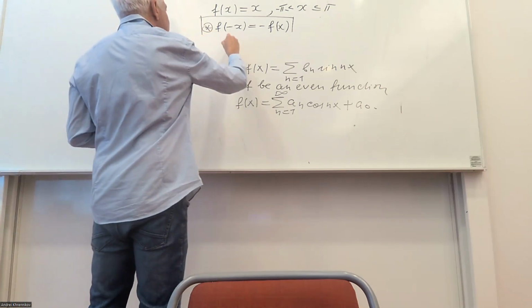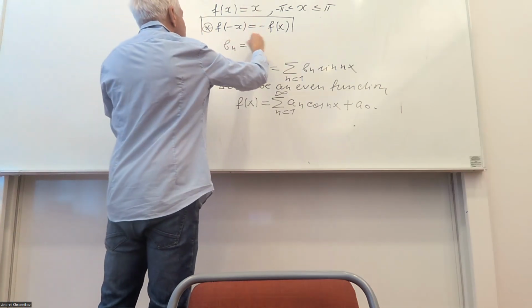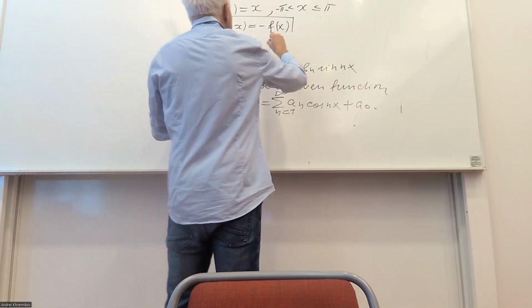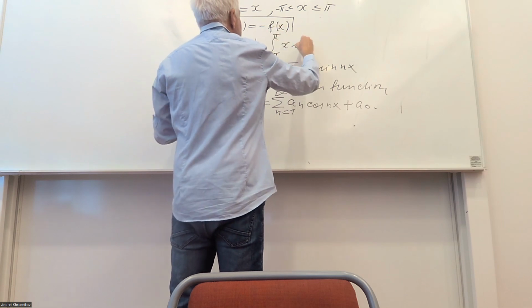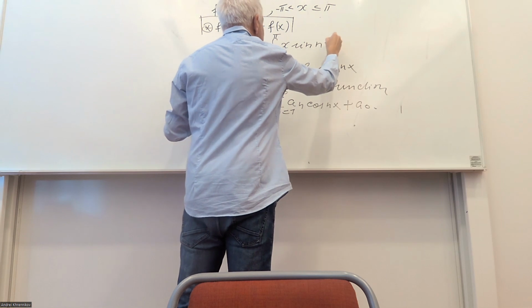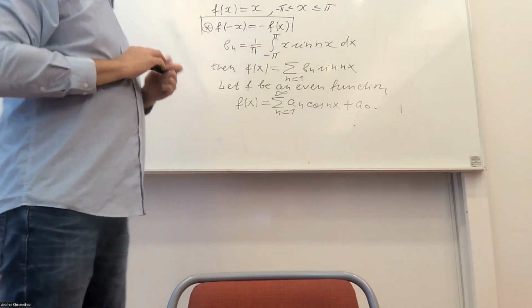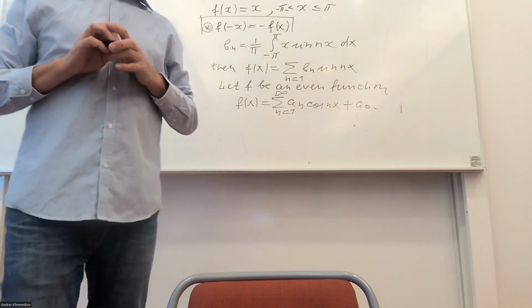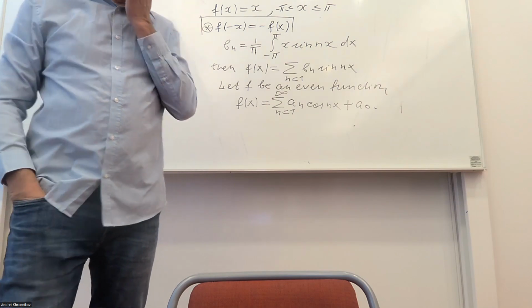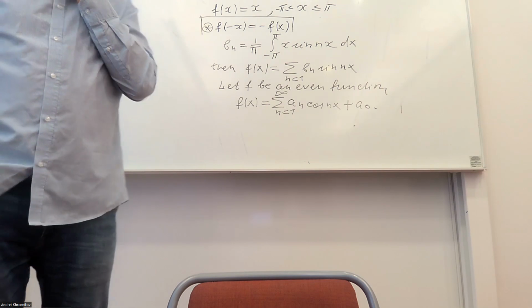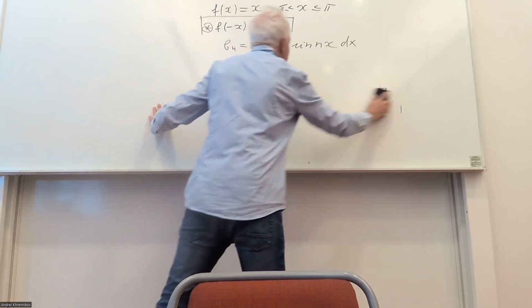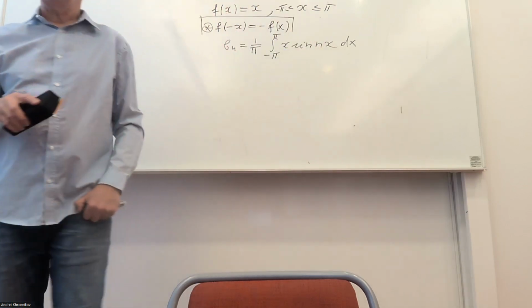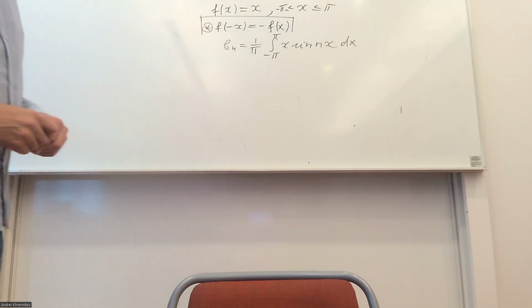So bn is just the integral from minus pi to pi of x sinus nx dx. You calculated this integral somewhere in your course of mathematical analysis, and it's calculated by integration by parts. You put sinus into the differential, and then by integration by parts, you get the answer.